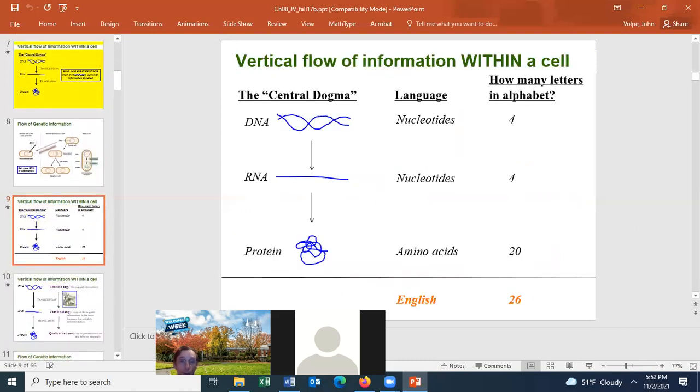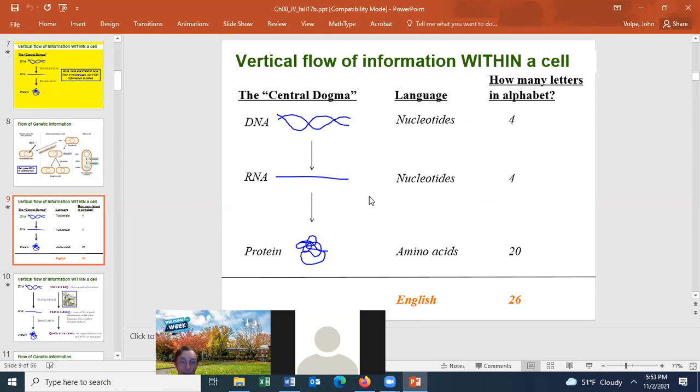The vertical flow of information within a cell, where the information in DNA flows to RNA to protein, has different languages as well as different letters in the alphabet. The information in DNA has the language of DNA nucleotides, and there are 4 of them.